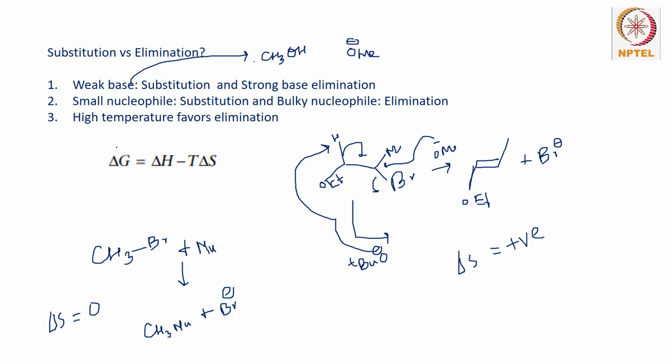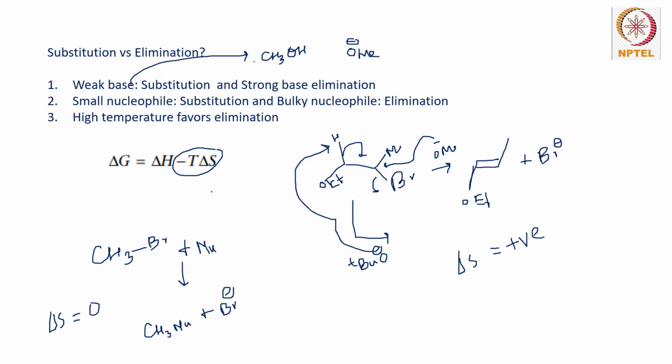And to get delta G negative, we need this term to be highly negative to overcome the positive delta H. So in case of elimination reaction, if the T is higher, then this will be highly negative, and then the total delta G can be negative.